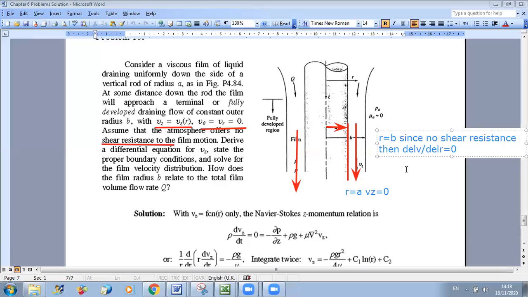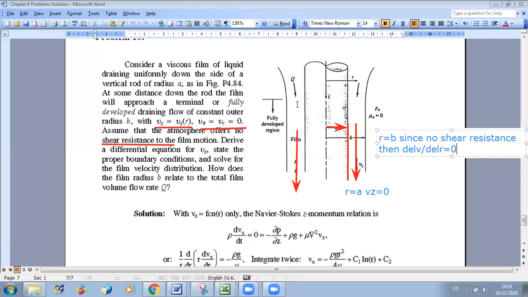Now we should find the differential equation. To get the differential equation, we need to go back to the Navier-Stokes equations, but apply them now in polar coordinates. In which direction will we apply the Navier-Stokes equation? In positive Z, downwards.